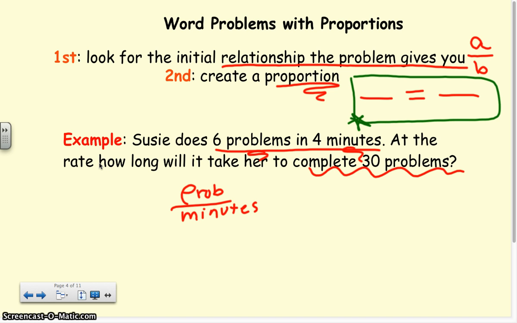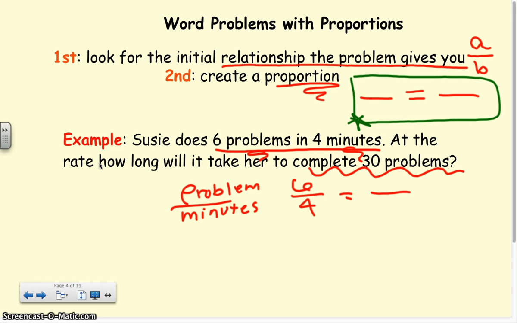Okay, problems to minutes. So Susie does 6 problems in 4 minutes, okay? At that rate, how long will it take her to complete 30 problems? Does problems go on top or bottom? Problems is on top.